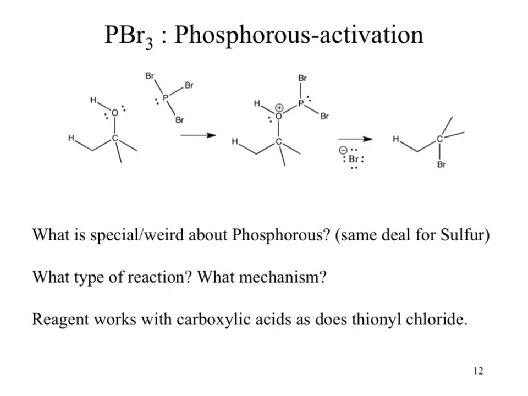And then one last thing on here. Just like our thionyl chloride, phosphorus tribromide will work with carboxylic acids as well. So we can convert a carboxylic acid into a carboxylic bromide. Okay? There's a question there, so let me draw that out. So we didn't draw it out for the last one. If we start with a carboxylic acid, let's try and draw a carboxylic acid first.